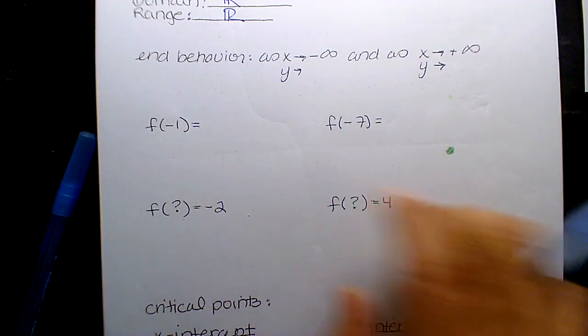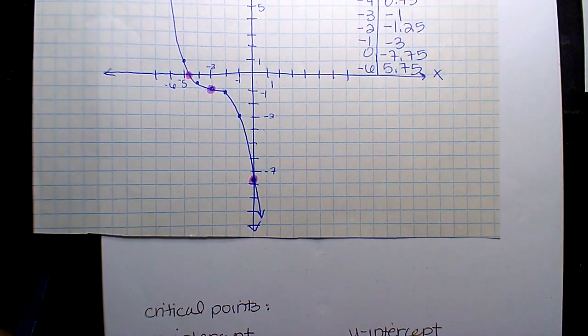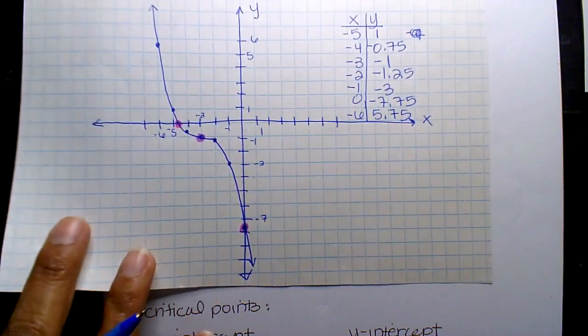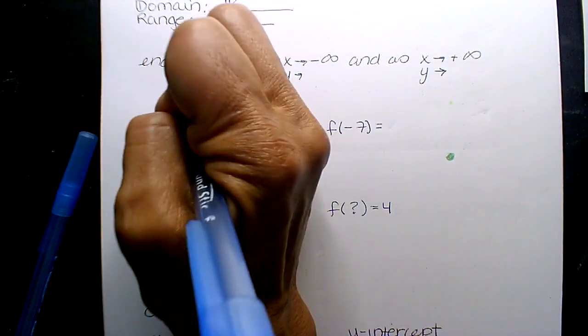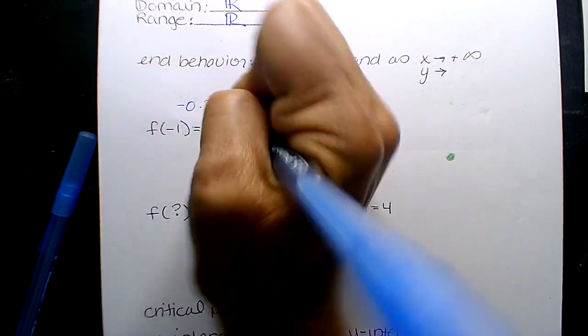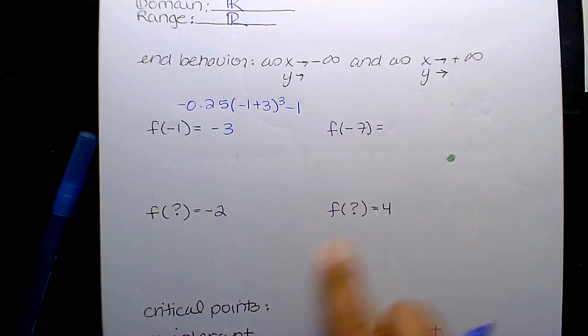When x is -1, what did you get? It was in our table. You can substitute it and solve it, but we kind of found it in our table. F of -1 is what output? -3. Do you guys understand that, right? You could go ahead and substitute, but I looked ahead of time to see what these numbers were, so I put them in the table.